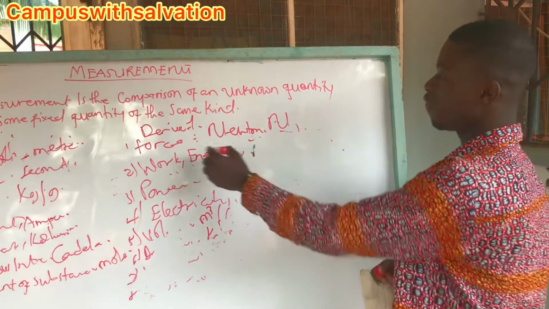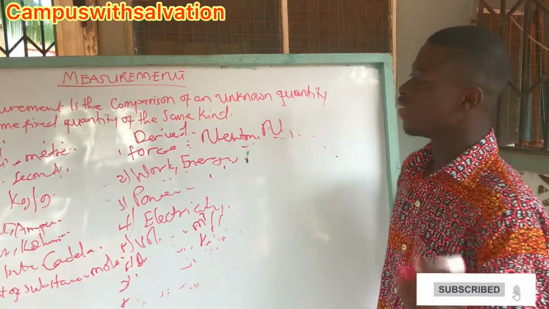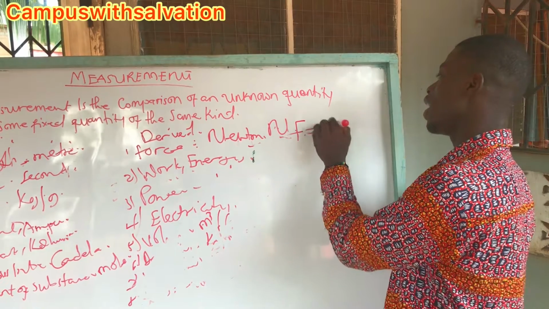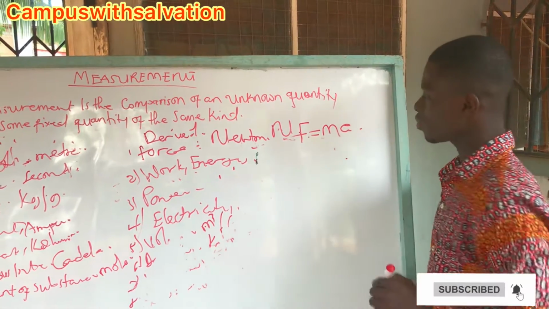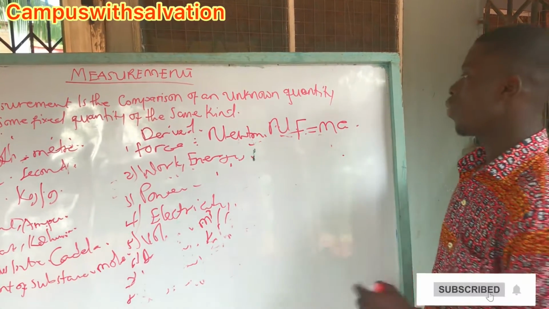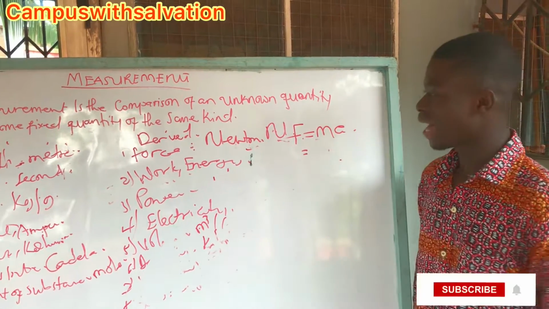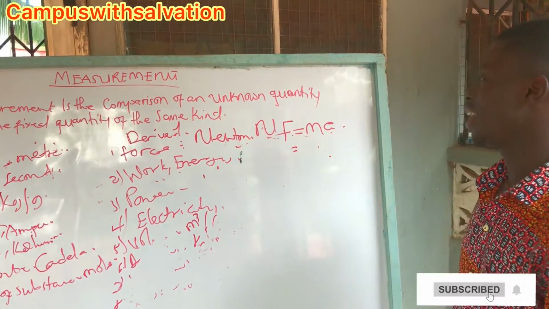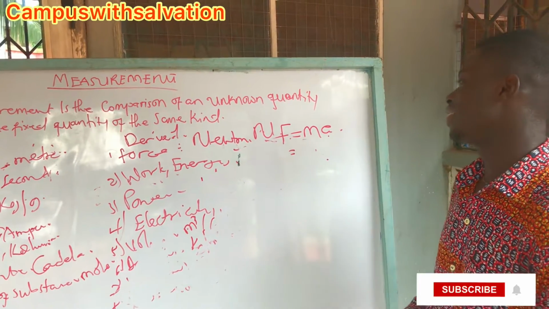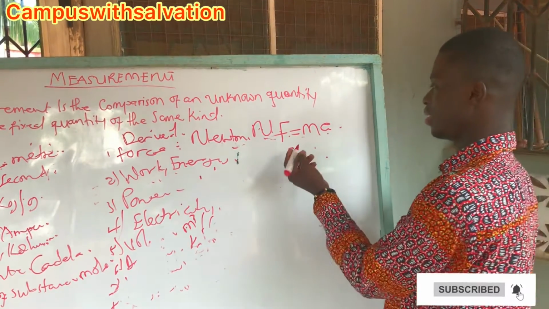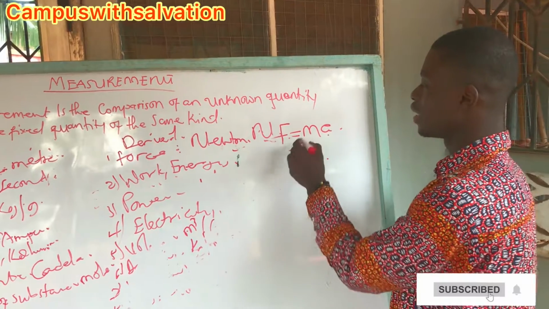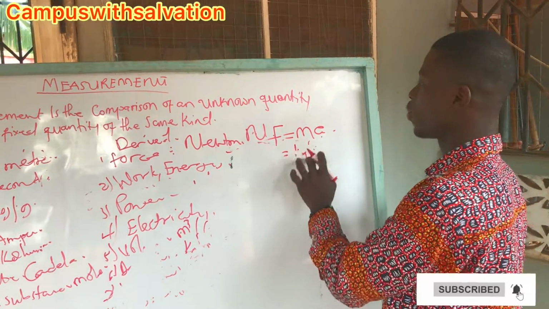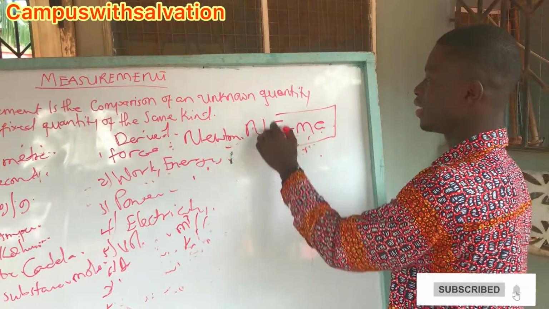The formula for finding force is F is equal to M A, where M is mass and A is acceleration. Mass is measured in kilograms or grams. So that's the formula for finding force.